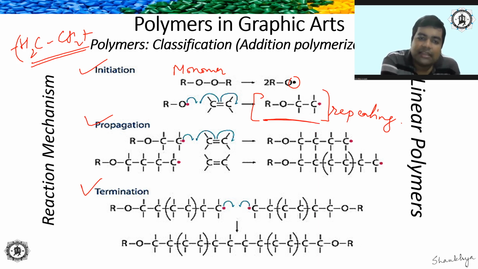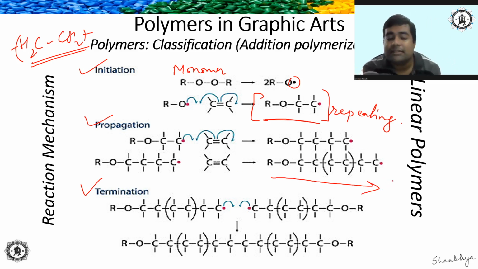Then it will attack another such molecule, and once it attacks another such molecule, the same thing will happen, and you will see the chain. We say this is the polymeric chain. This polymeric chain will then start to elongate. See, this is elongating in this particular direction in a linear fashion. That is why this is known as a linear polymer.